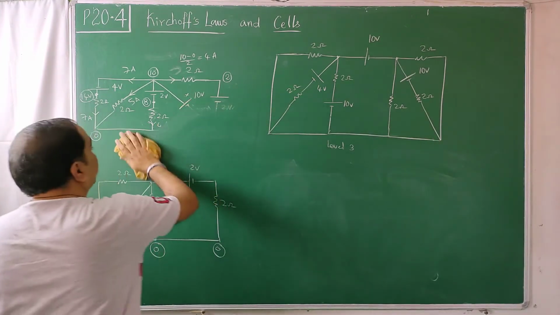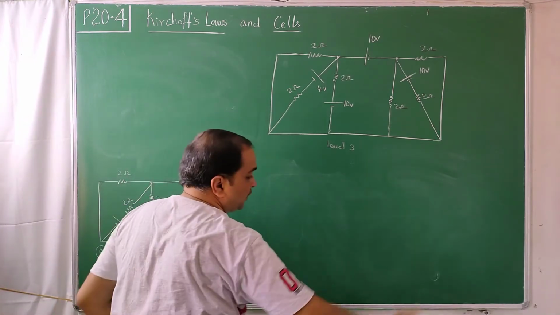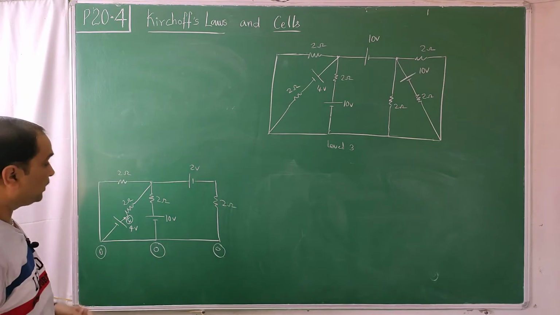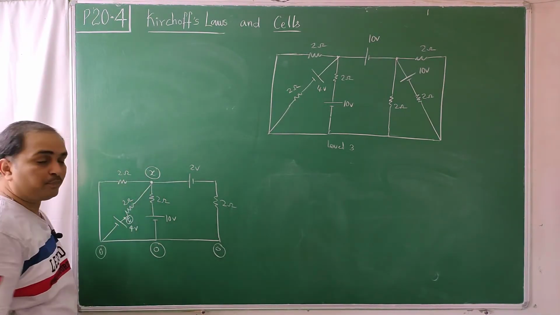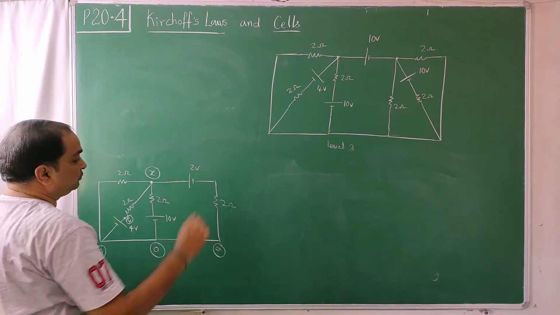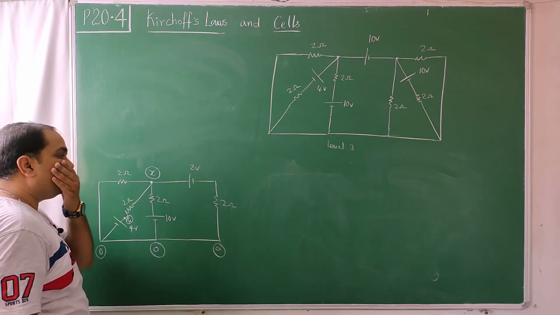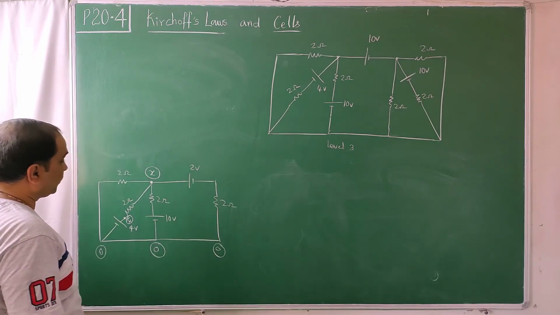Let me solve this problem. Now take this unknown value as x potential. We need to find that x. How to do that?